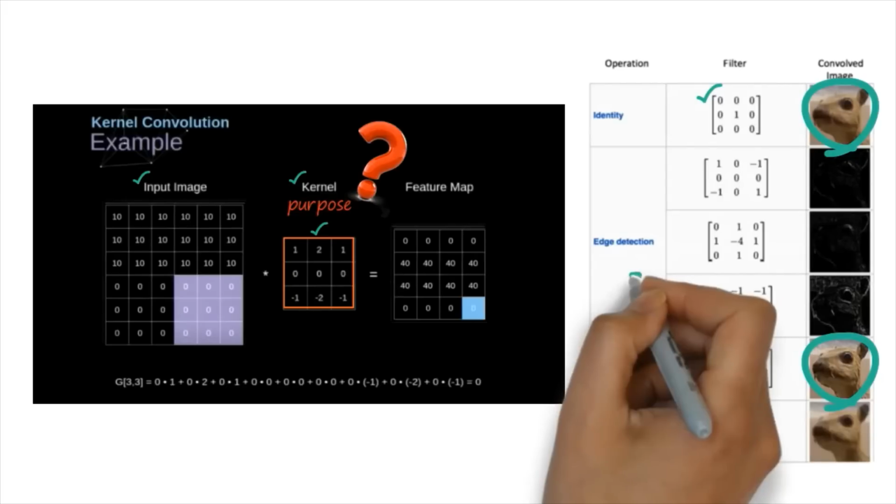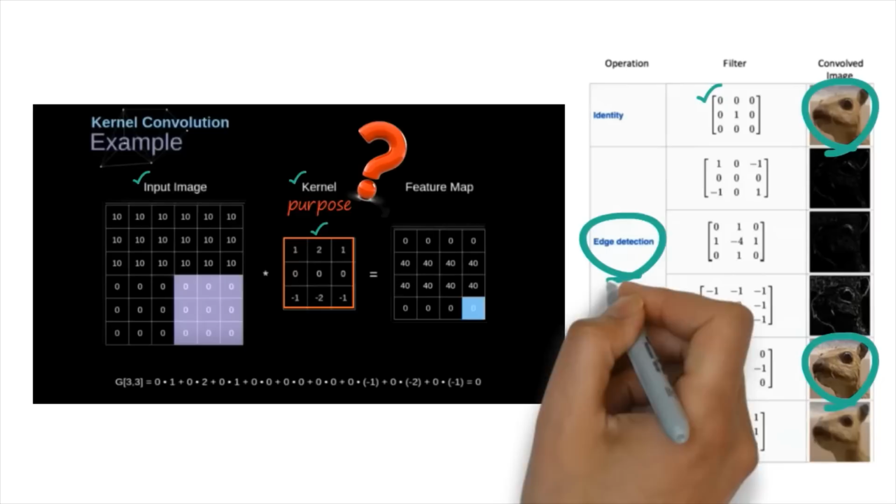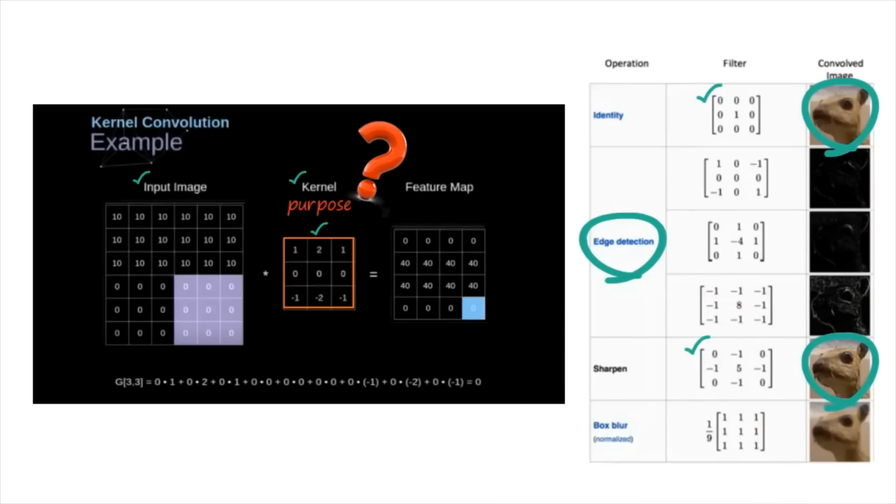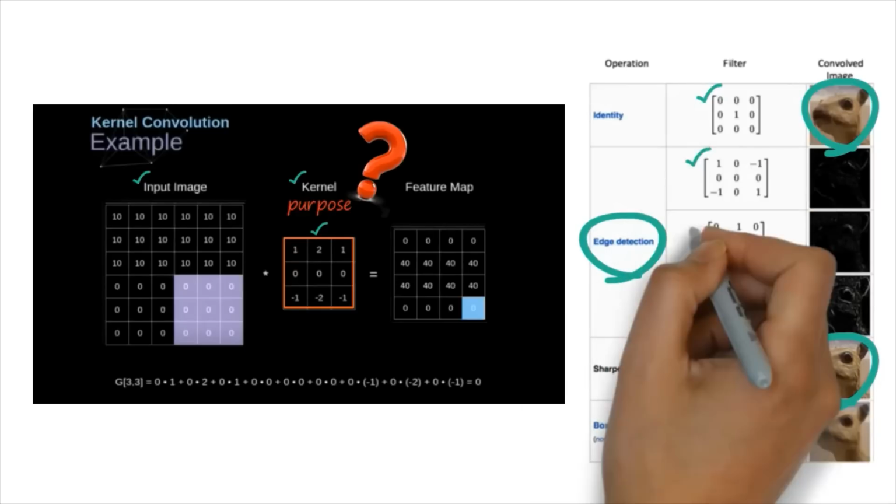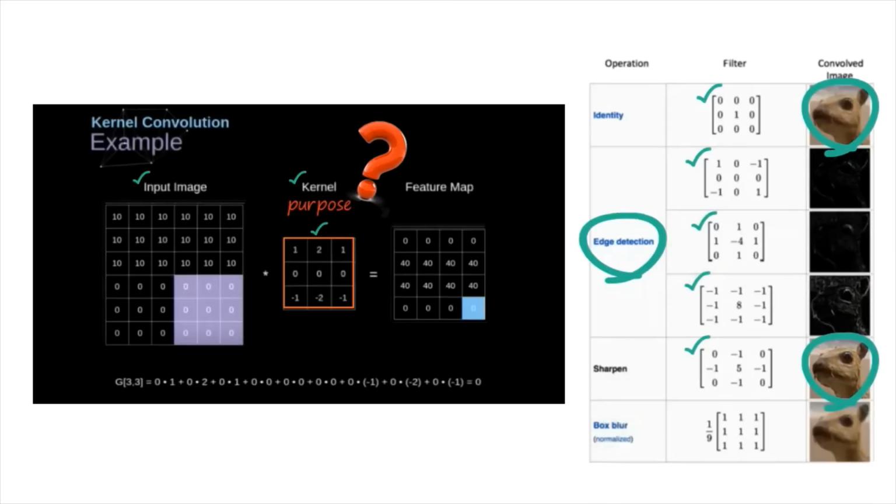If you want to detect only the edges, there will be different kinds of edge detection mechanisms. So if you change the value of the kernel, accordingly you will find different edges of the picture. And if you want to create a blurred image using CNN, then this will be the kernel value. I hope it is clear how the kernel value will be selected.